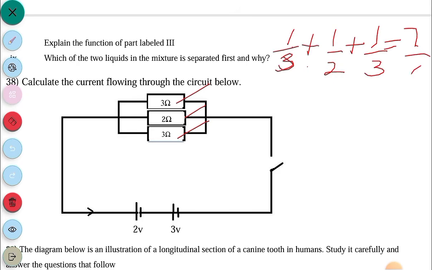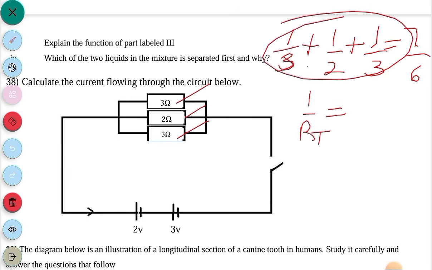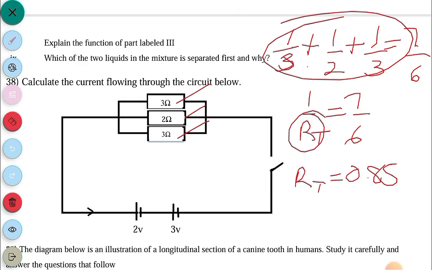Total is going to give us 7/6. One thing we need to notice is 1/RT equals the total of the fraction, so 7/6. So when we make RT the subject, we are going to have 6/7. So 6/7 in the calculator gives us 0.857. So this is our total resistance for these three resistors.